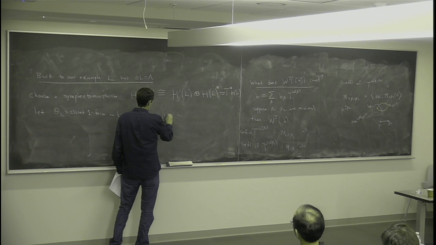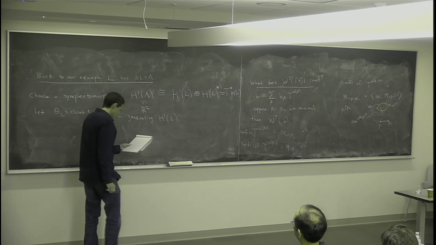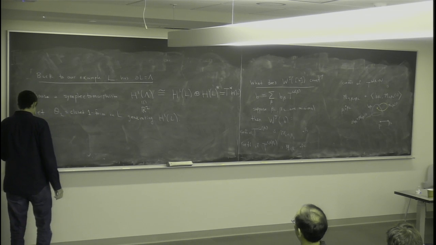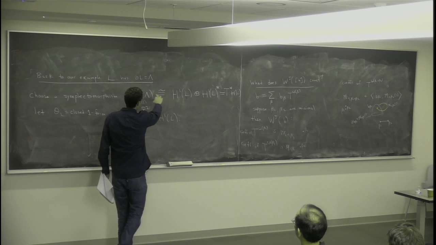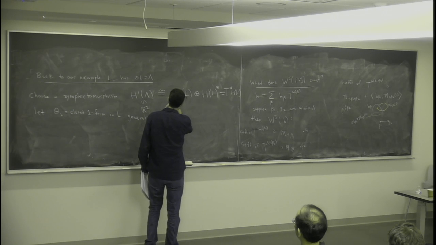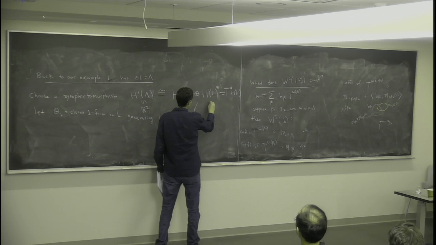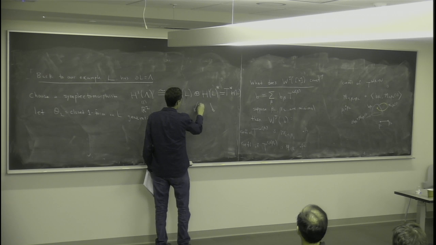Let's call them pi 1 and pi 2. So pi 1 will project to H1 of L, pi 2 will project to H1 of L star, but we're thinking of these as Lagrangian subspaces of H1 of lambda.